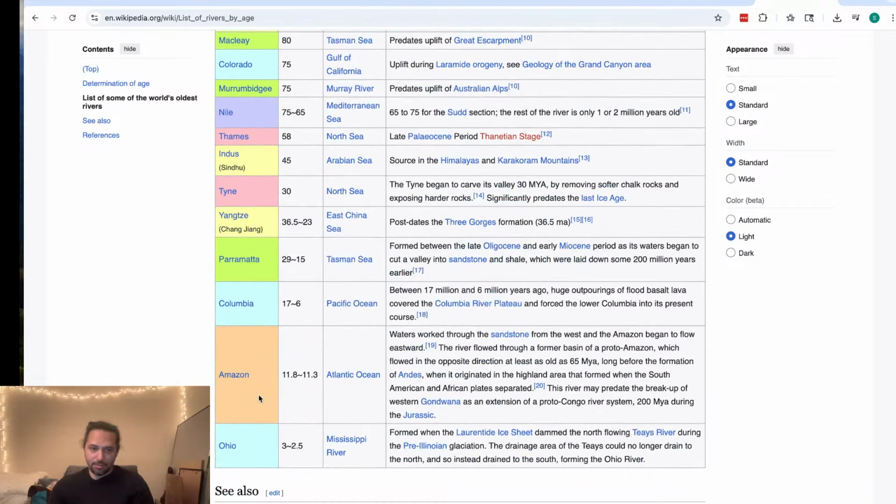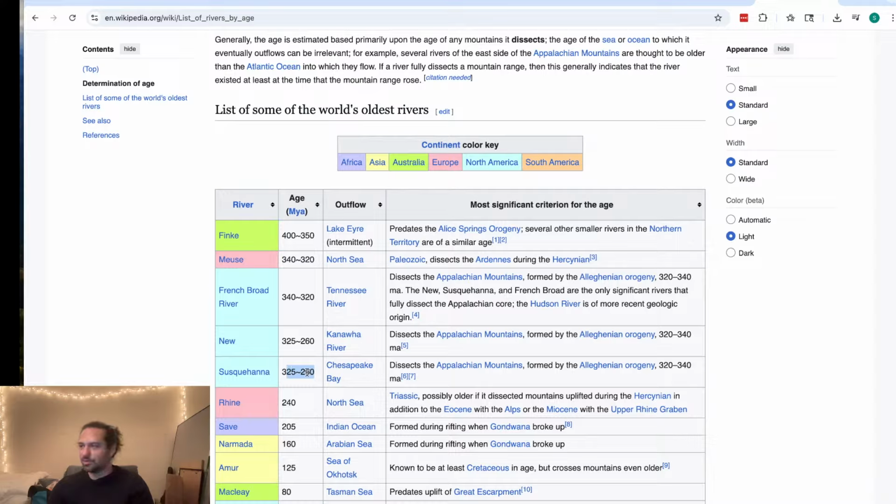Yeah, it doesn't get too much older than that. I mean, it's older than the Indus, Yangtze. Look at the big names. Amazon. The Ohio River is pretty old too. 3 million years old. That's pretty good. But, I mean, come on. 325 million years old.